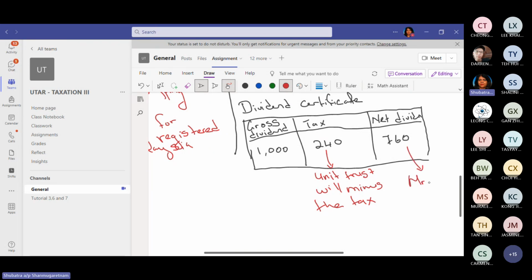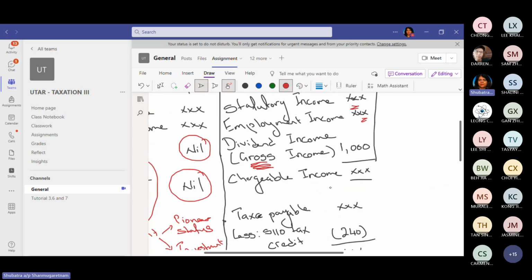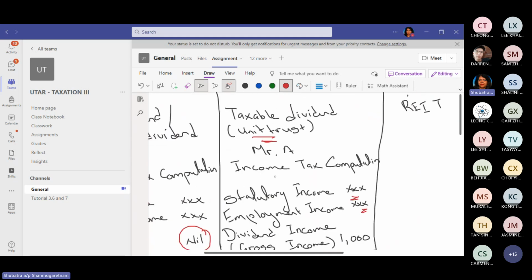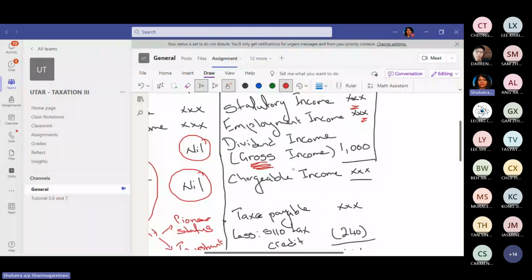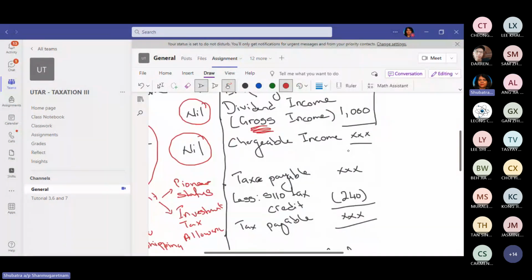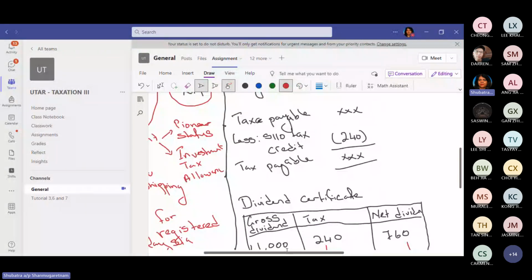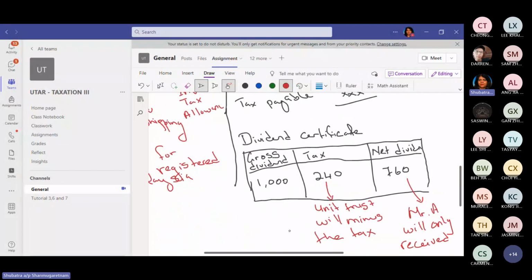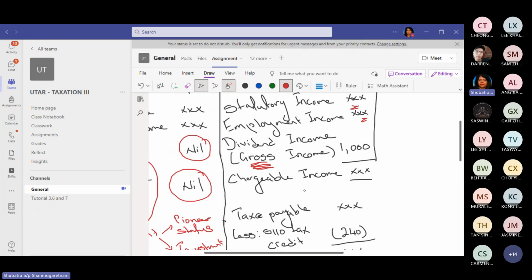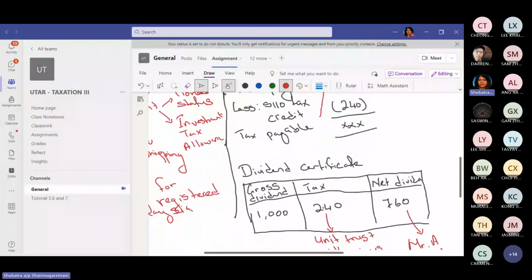Mr. A will only receive $760. But in Mr. A's tax computation, he must declare the gross amount, $1,000.